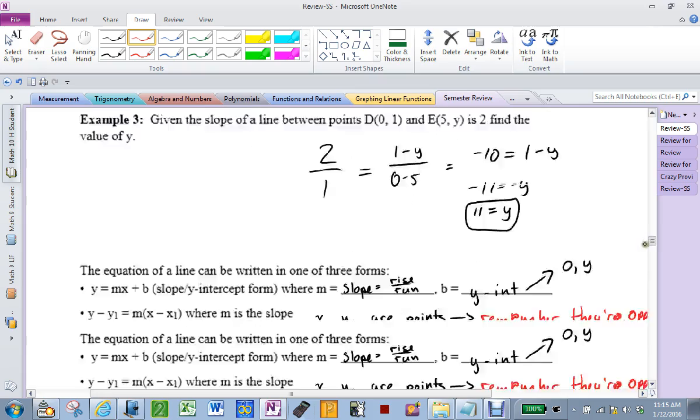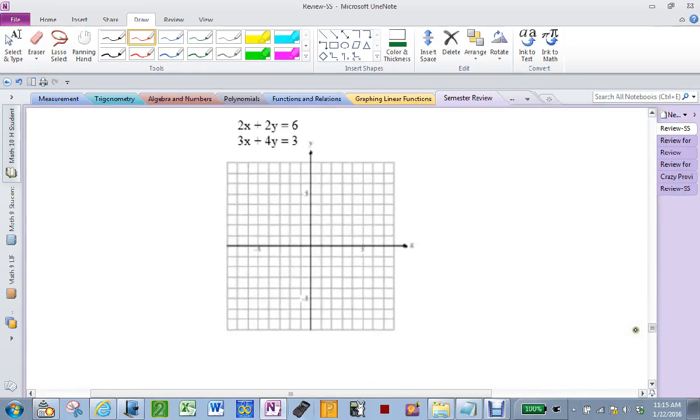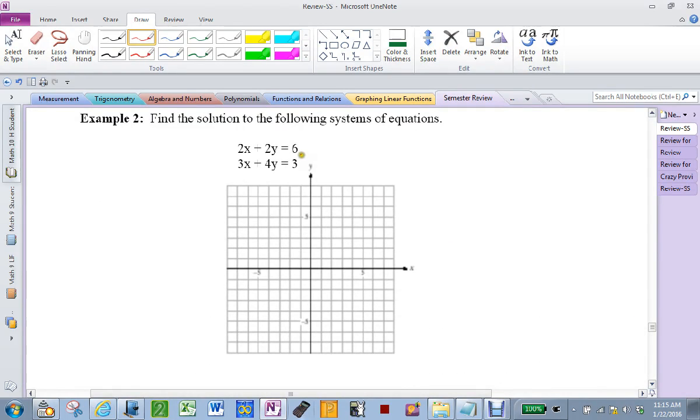Something's wrong with my machine. What I would do here is I would scale it, right? 2y equals negative 2x plus 6, y equals negative x plus 3.